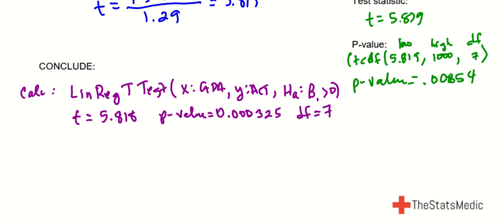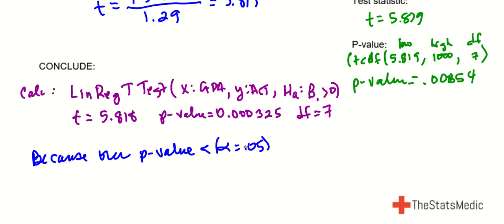So our final conclusion is, you should probably be able to say this with me: because our p-value is less than an alpha of 0.05, we reject H naught.